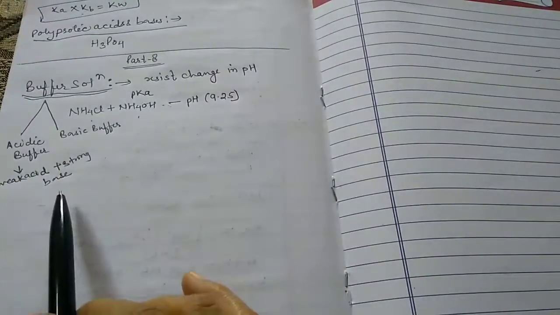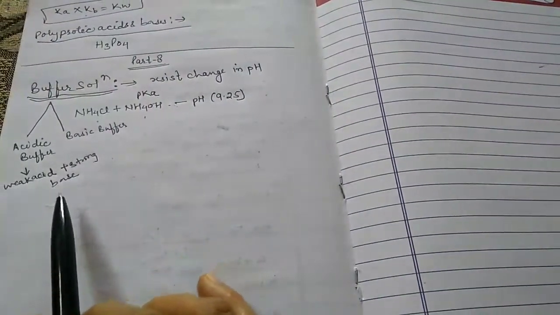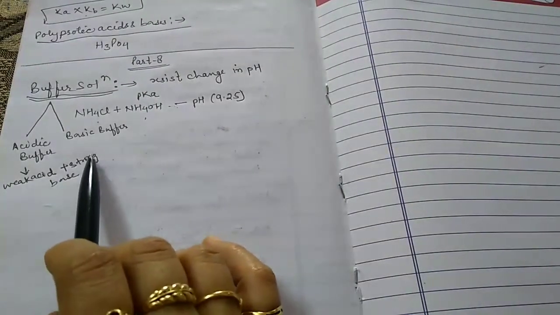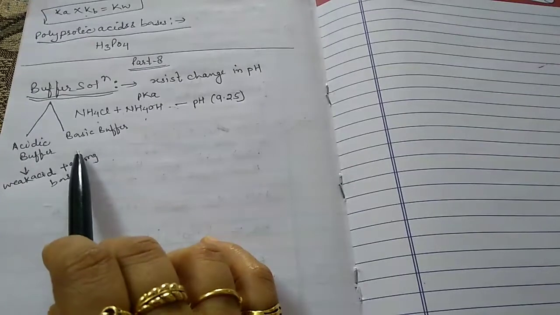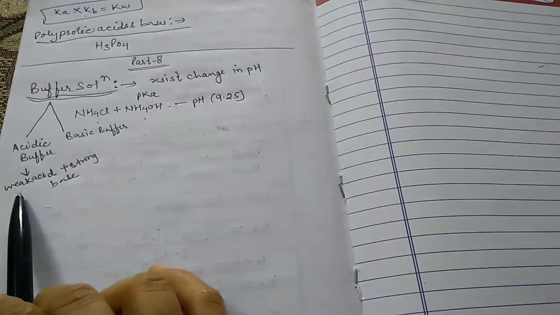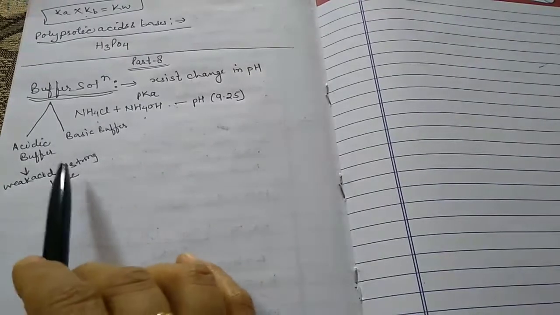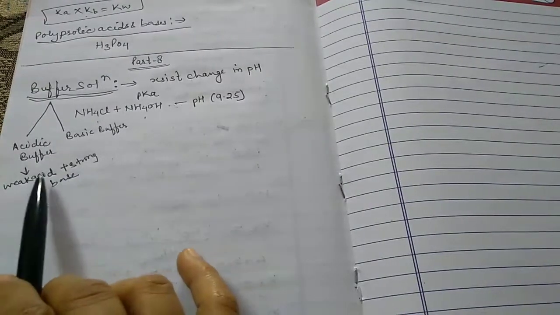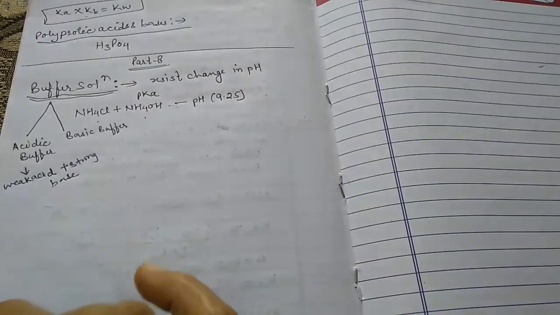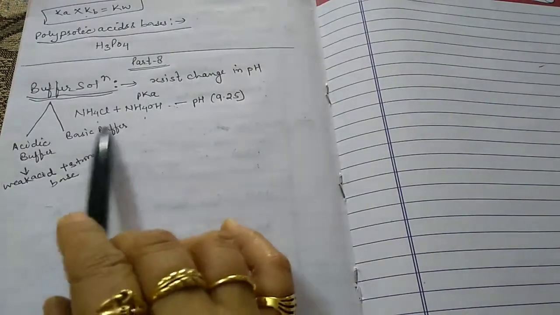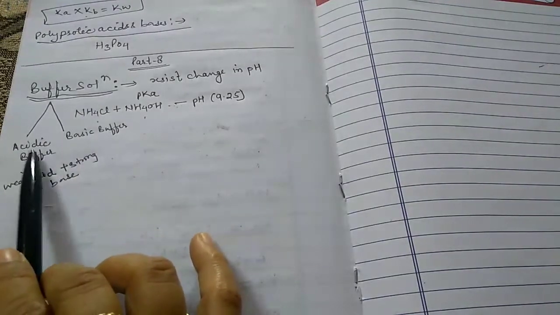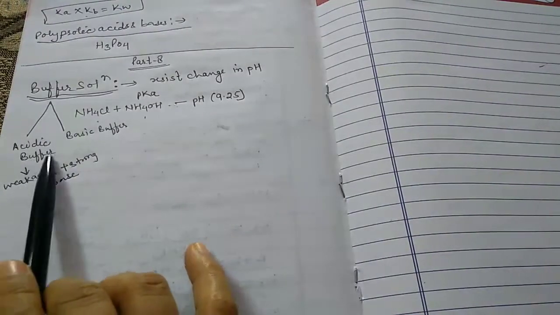For example, acetic acid and sodium acetate. Acetic acid is a weak acid, and its salt with a strong base is sodium acetate. The mixture of acetic acid and sodium acetate is known as an acidic buffer, or it is an example of an acidic buffer solution.